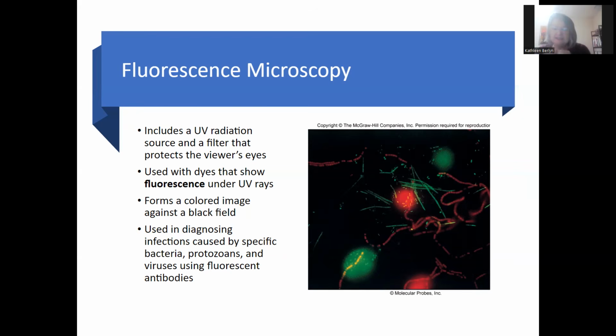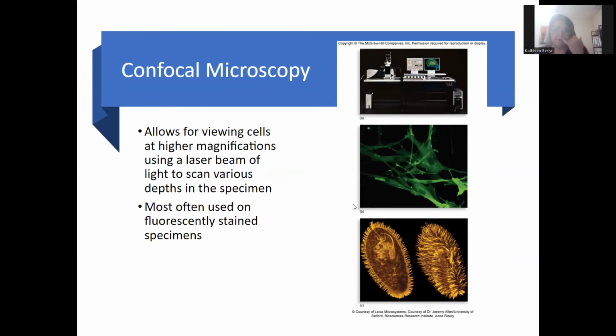And that causes it to emit this bright color, the reds and the greens and the yellows here. And this can be used for diagnostics of particular types of infections. You can use fluorescent microscopy to look at things like viruses in a cell, labeling that way.